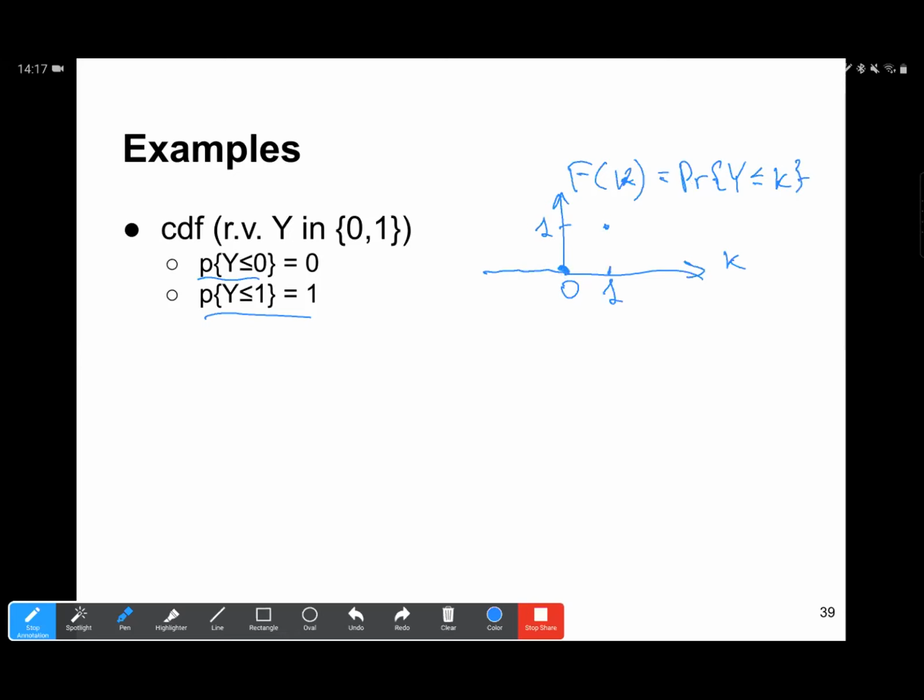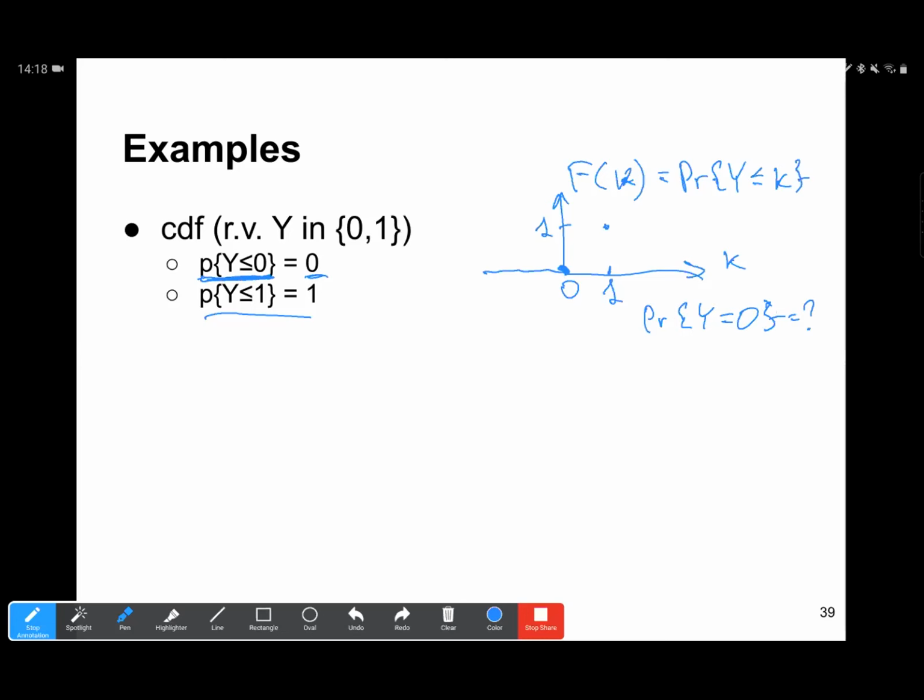Now the question is, can this random variable be equal to 0? Or what is the probability that Y is equal to 0? What is that? Well, we know that the probability that Y is smaller or equal to 0 is 0, or in words, yes, somebody answered 0, that's right.